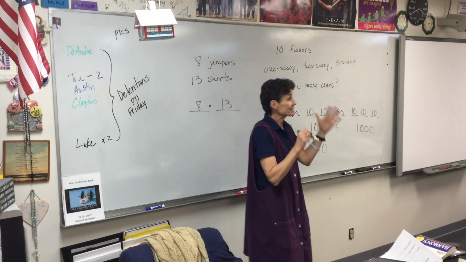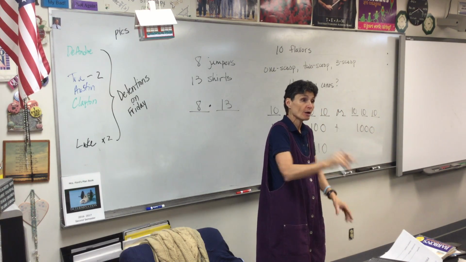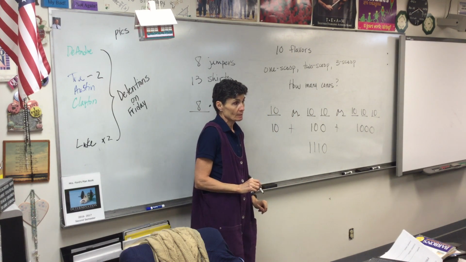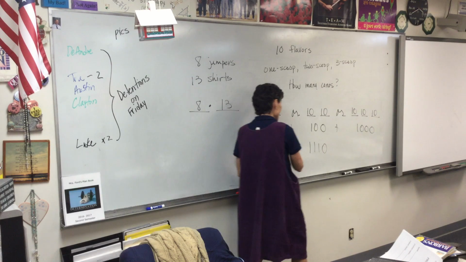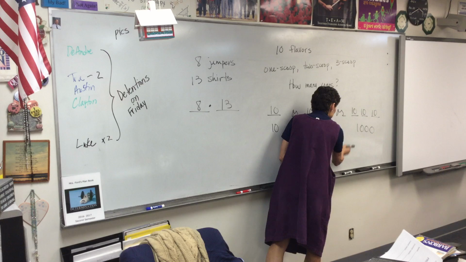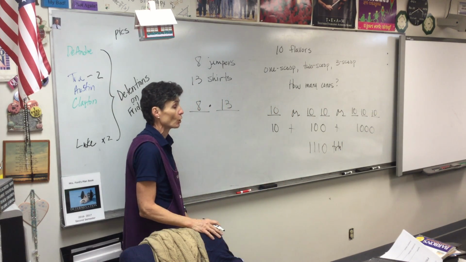But when you are considering these options or these options, you add them. So 10 plus 100 plus 1,000 all added up are the total cones that would be possible for you.